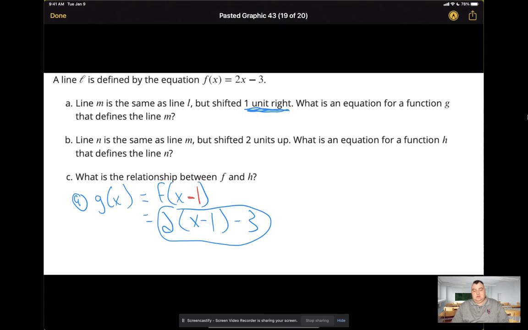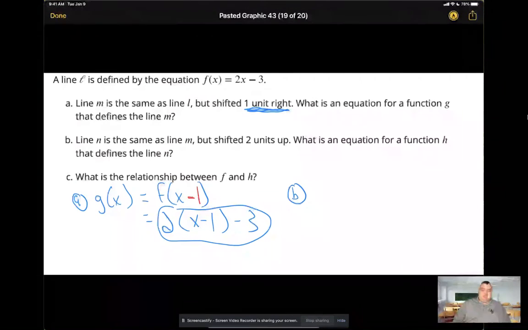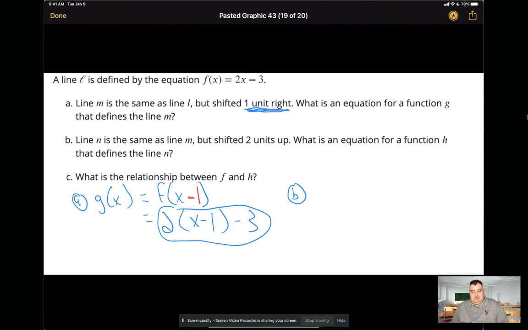For B, line N is the same as line M, but shifted 2 units up. Write an equation for a function h that defines line N. So we're going to do h of x in terms of g of x.